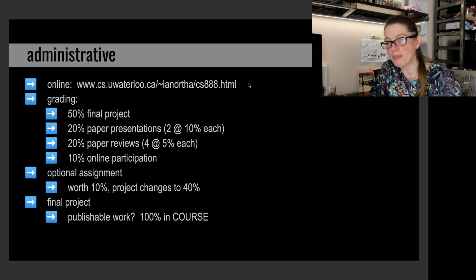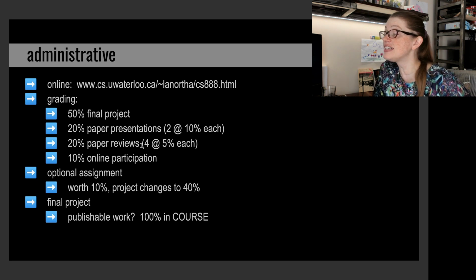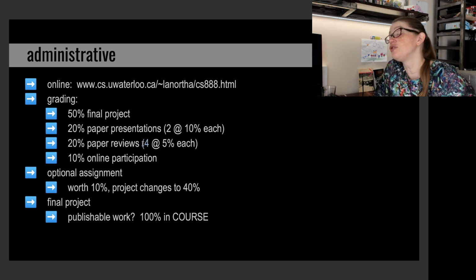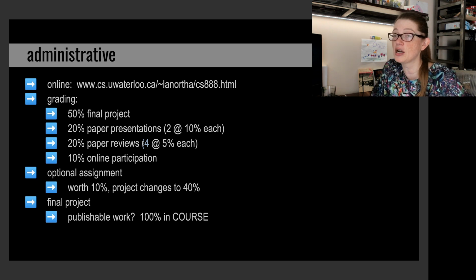And we'll discuss more on Piazza exactly how to make that work. Then I would like you to do, and it looks like I have neglected to update this. It says 4, it should be 8 paper reviews. So 8 paper reviews, not 4, worth 2.5% each. And I'd like you to choose 2 from each area. I'll make sure I update these slides, and then I'll post them, of course, to Piazza as well.